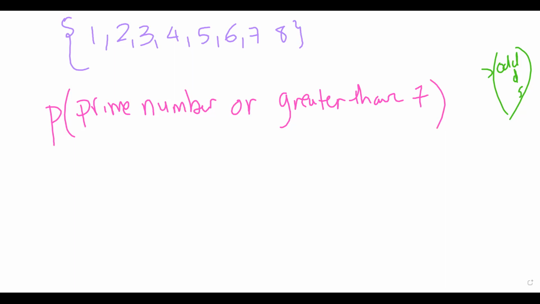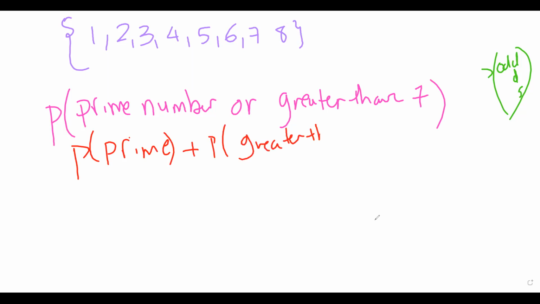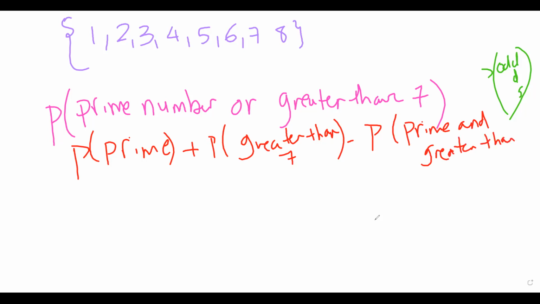Now, here, probability of prime number plus probability of greater than 7 minus probability of prime and greater than 7.